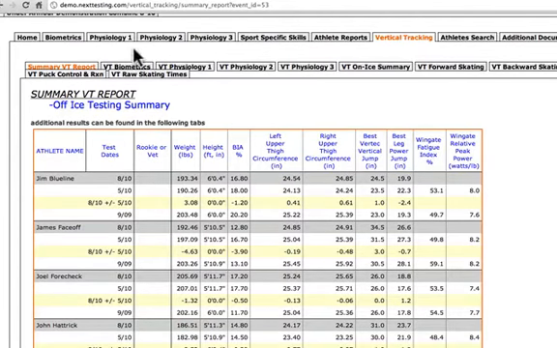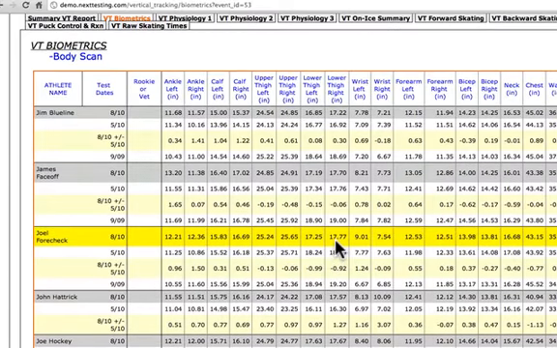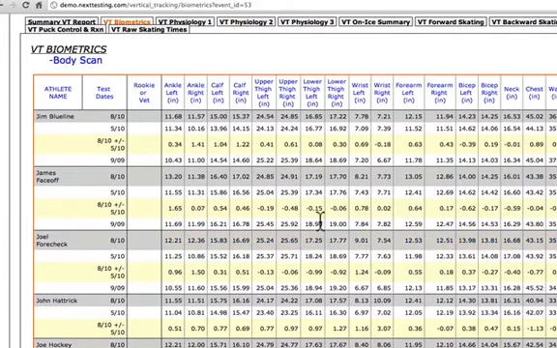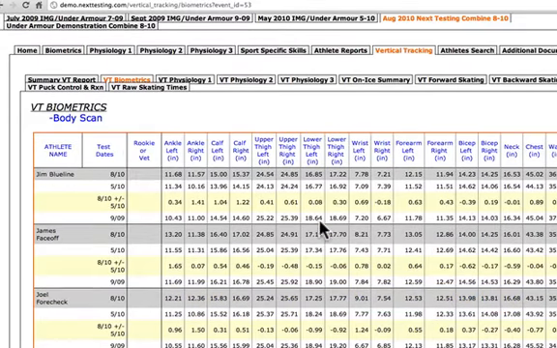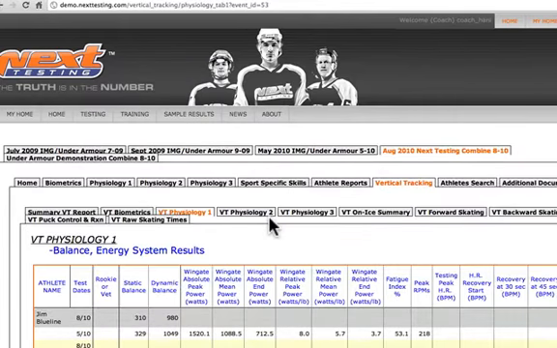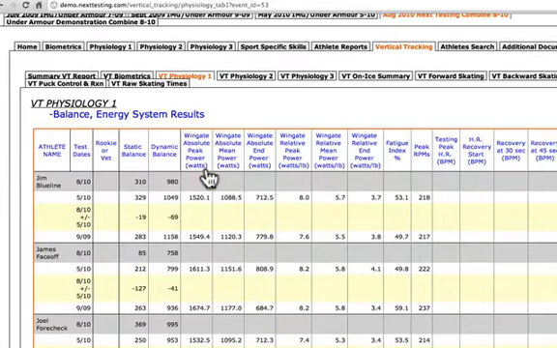So whenever we have a tab in here that represents a certain set of tests, we happen to have vertical tracking equivalents. If I click on VT biometrics, you can see we're basically comparing the biometrics, the vertical tracking for the last two events for the body scan. If we go under physiology 1, you can see we have the vertical tracking for the balance and energy system.